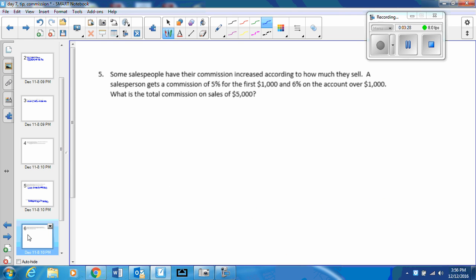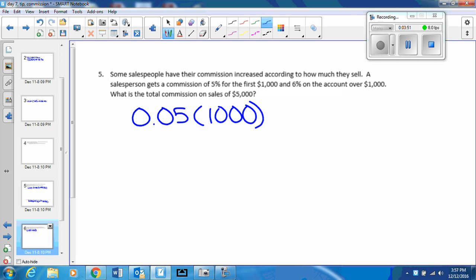Some salespeople have their commission increased according to how much they sell. A salesperson gets a commission of 5% for the first $1,000 and 6% on the amount over $1,000. What is the total commission on sales of $5,000? So this person would make 5% of the first $1,000.